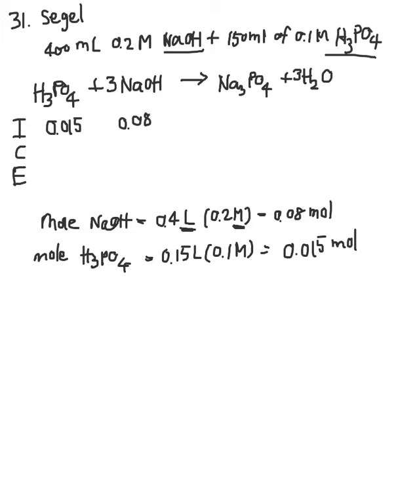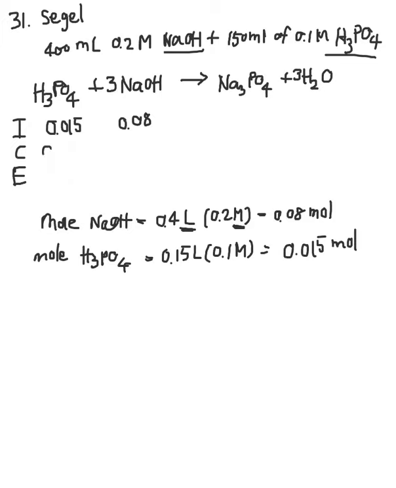Okay, so when you let the reaction begin, one of the reactants will be limiting. And in this case, the one that is limiting is H3PO4. If you notice here, you have only 0.015 of H3PO4, and one equivalent of H3PO4 needs to react with 3 equivalents of NaOH.